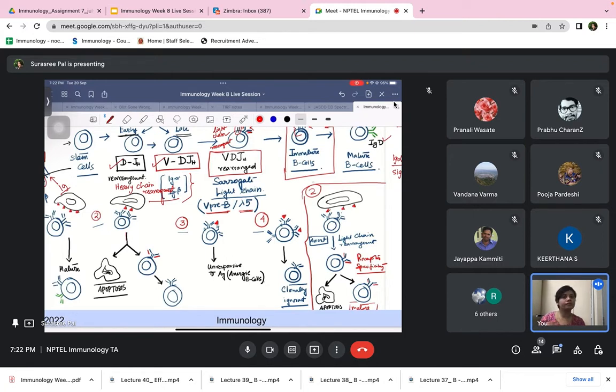Alright, so depending on whether they recognize and react to the self antigens or not, there are several fates which can occur to the immature B cells. Now let's see what these fates are.